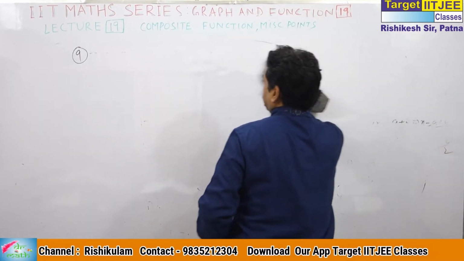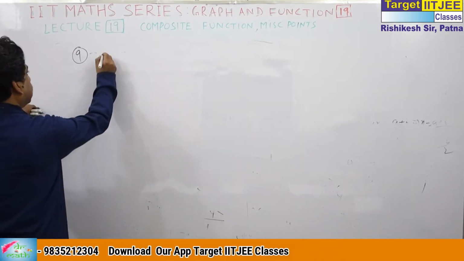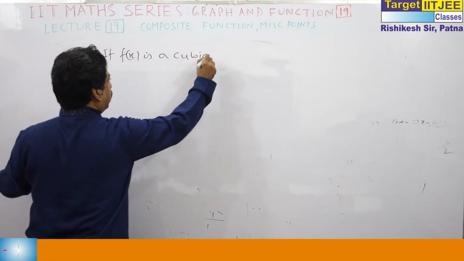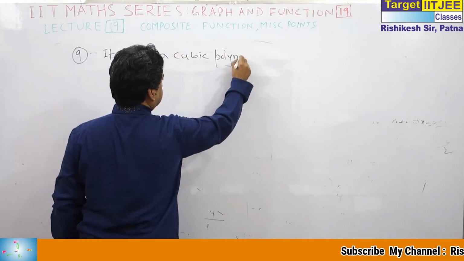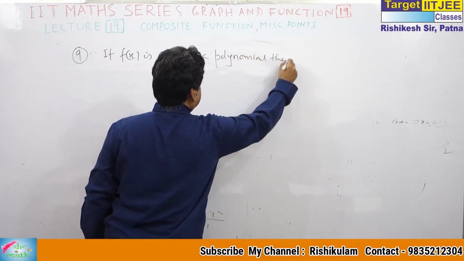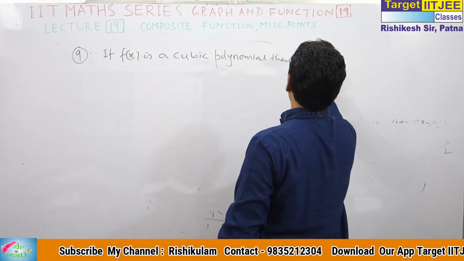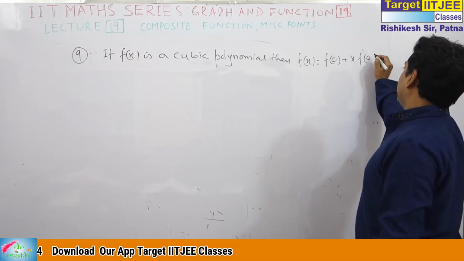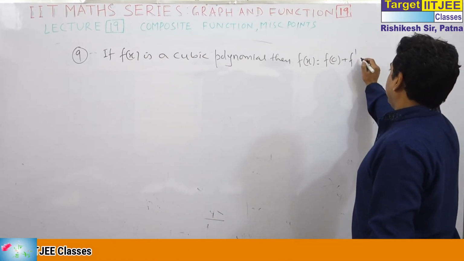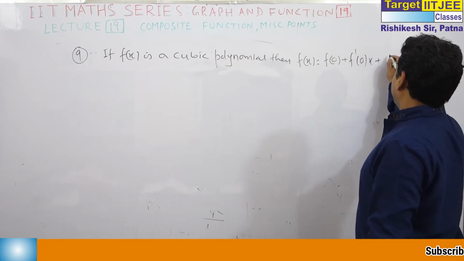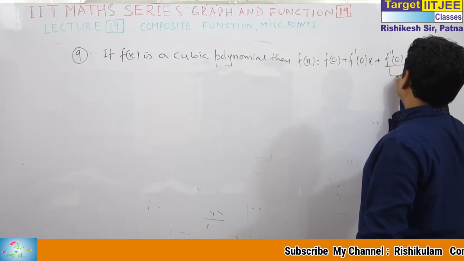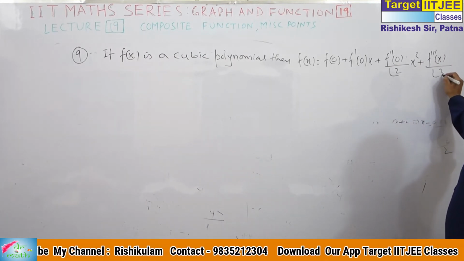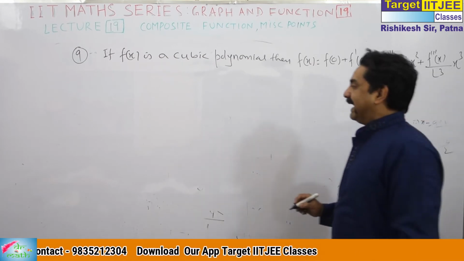If f(x) is a cubic polynomial, then f(x) is equal to f(0) plus x into f dash 0, or f dash 0 into x, that would be better. f dash 0 into x plus f double dash 0 by 2 factorial into x square plus f triple dash 0 upon 3 factorial x cube, where dash denotes what?